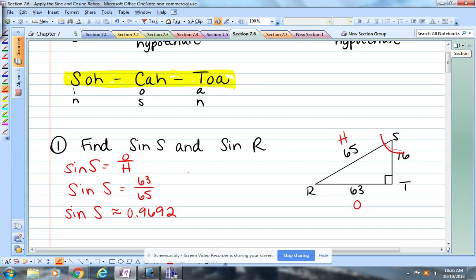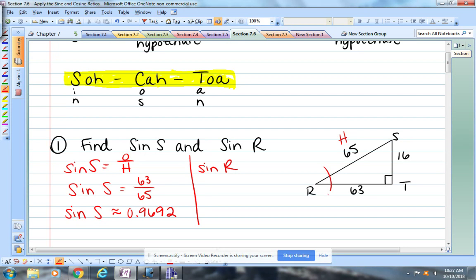All right, so now we're going to do the same thing, except we're going to find the sine of angle R. Sine of angle R. So my opposite's not going to be the same, is it? No, because angle R is down here. So angle R is down here.